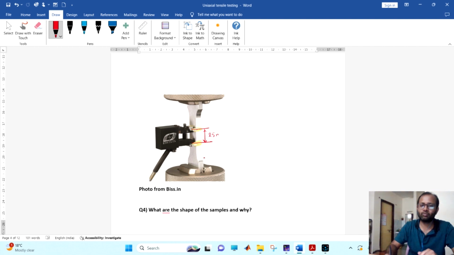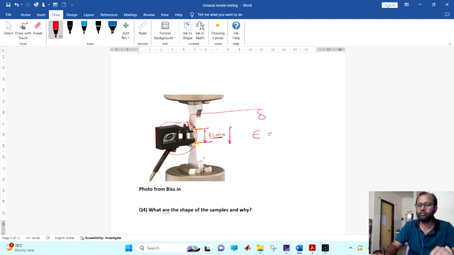According to me, this may be 25 mm in length. So there is a 25 mm gauge length, and how much it expands will be recorded by this extensometer. So I will get the delta directly from this extensometer.